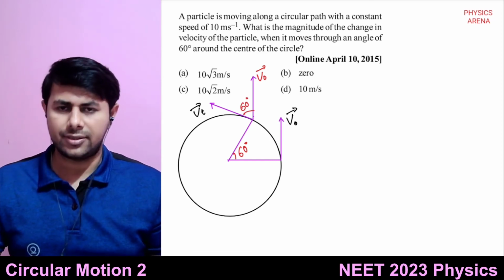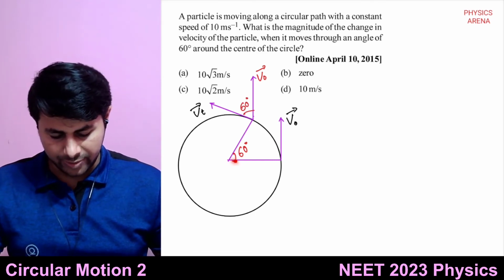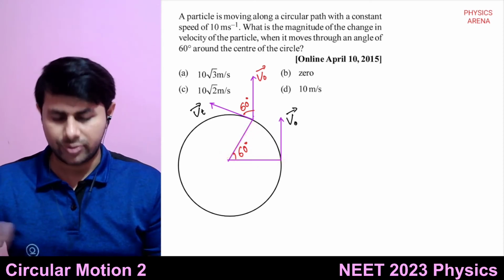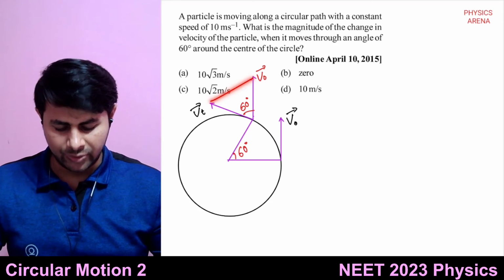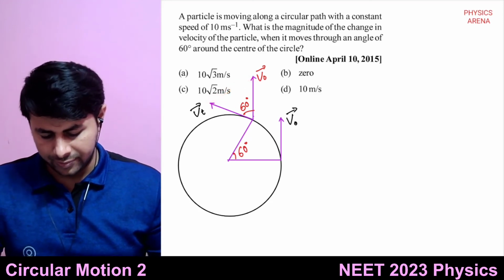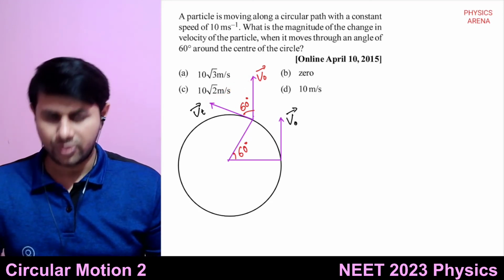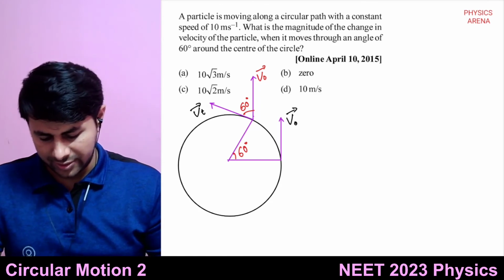It is 60 degrees, because the angle between the radii is 60. So how can you subtract this? You can draw minus V0.